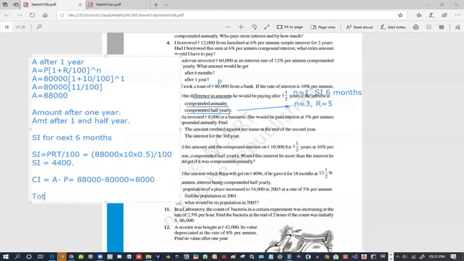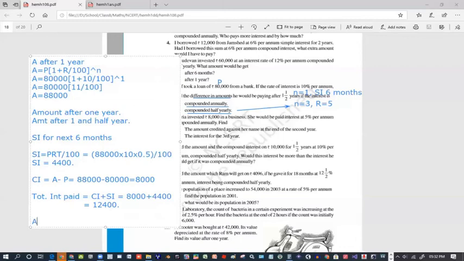So total interest paid equals CI plus SI: 8,000 plus 4,400, which equals 12,400. So this was the total interest paid by him. Still, it is not over. It is asking what total amount he has to pay. This was the interest part.